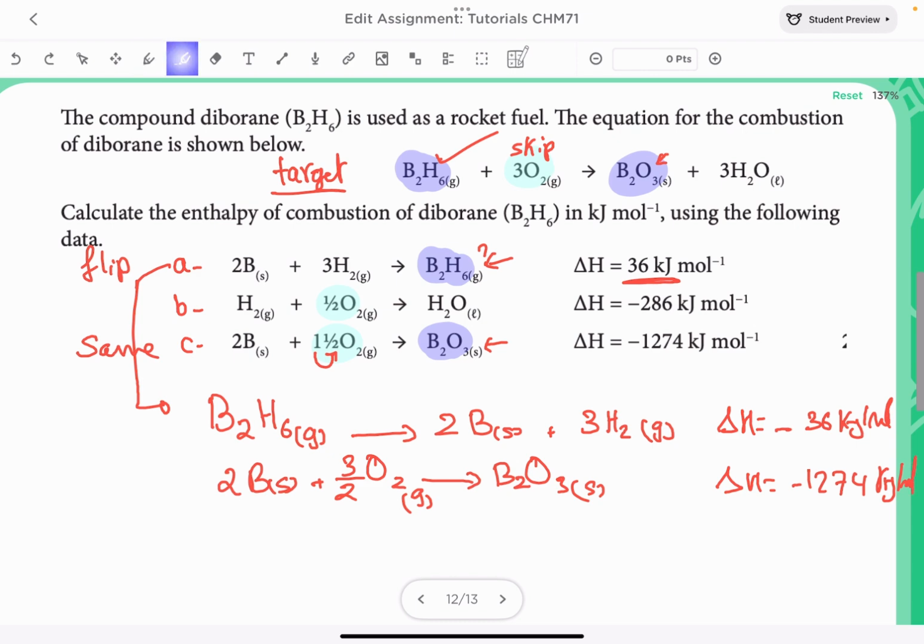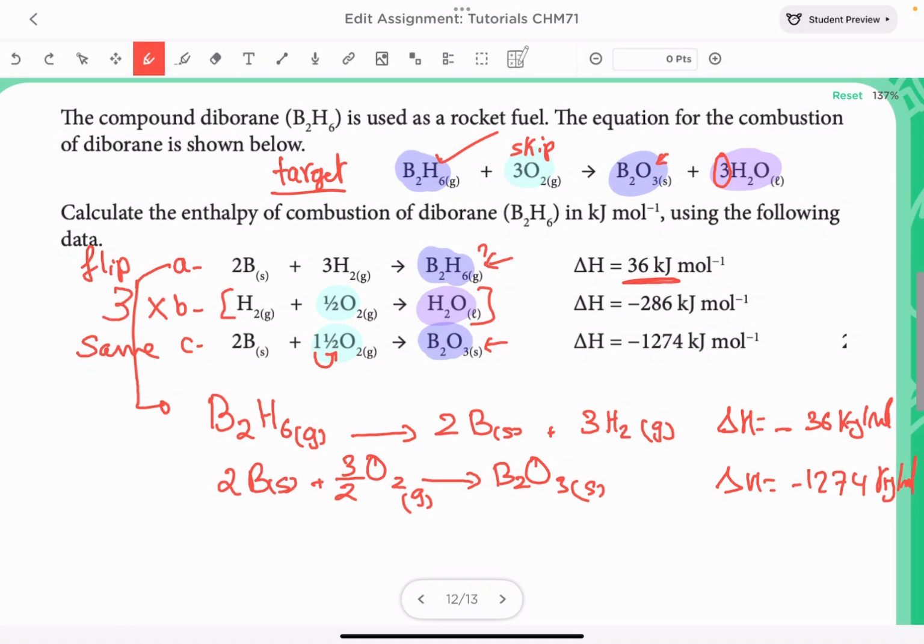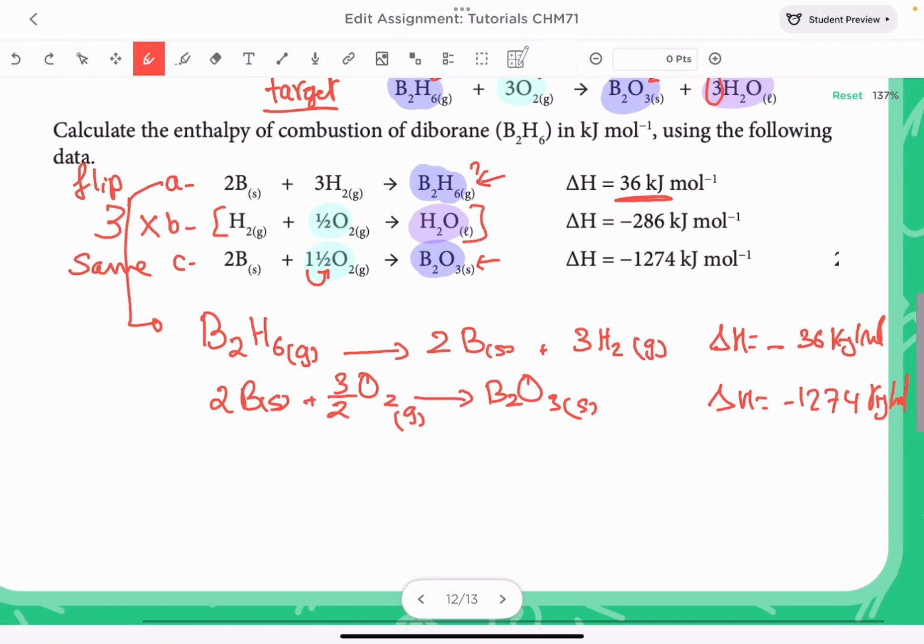Now, the third one, I need to look for H2O. It's over here. It is a product. However, I need a 3 next to it. There is no 3. So I decide that for equation B, I need to multiply it by 3. So you're going to say 3H2 with 3 times a half is 3/2 O2, and 3H2O.